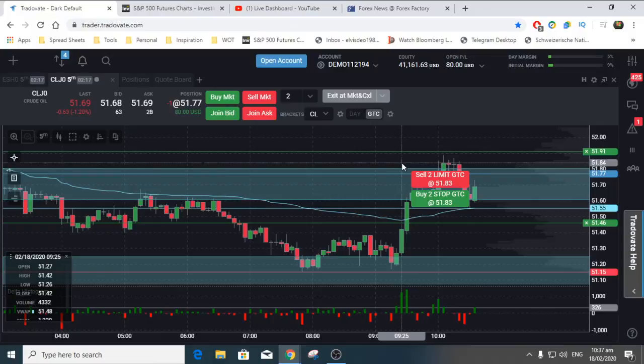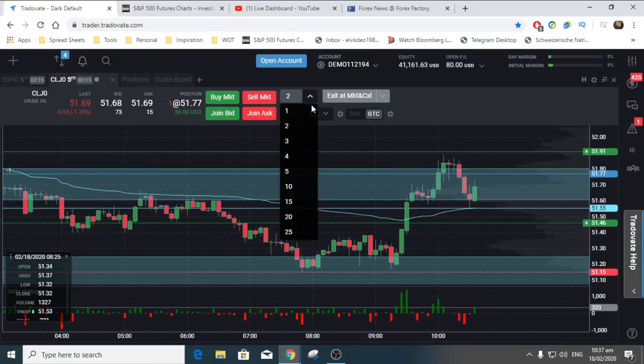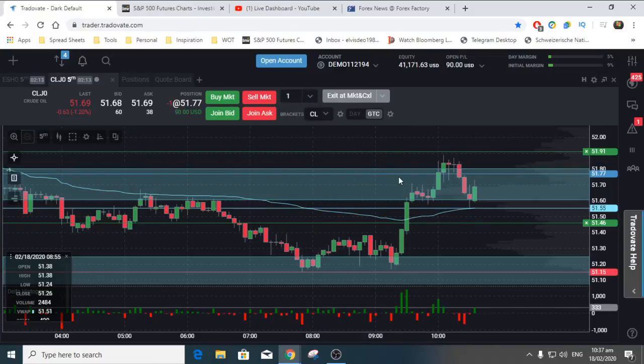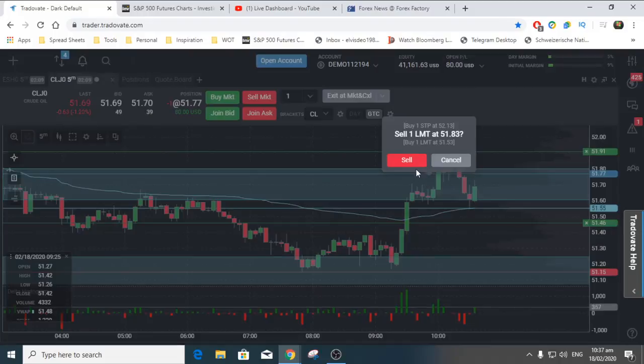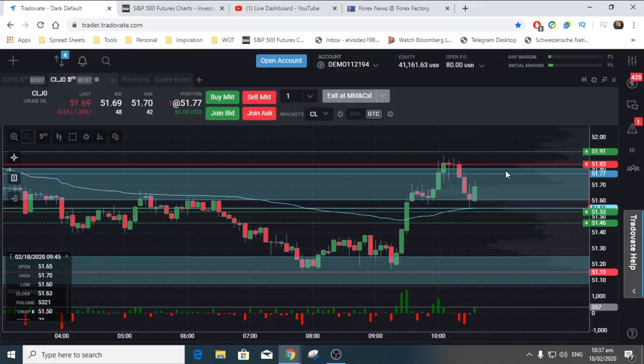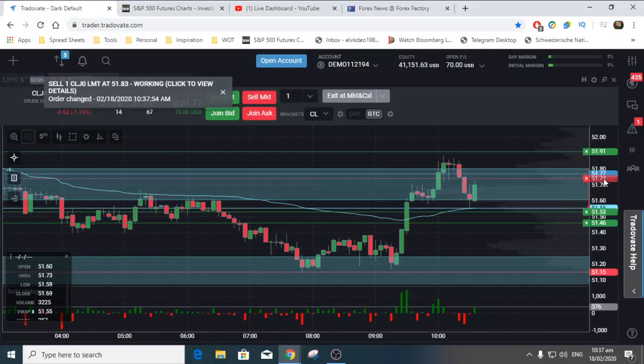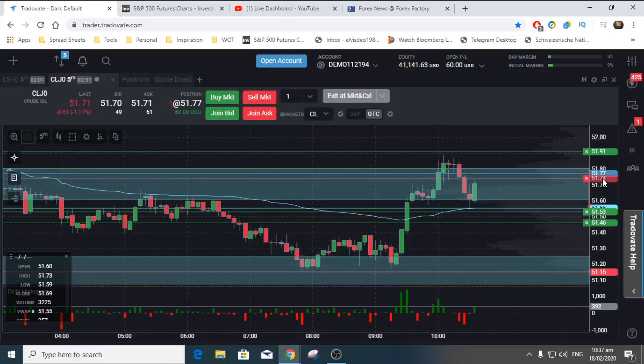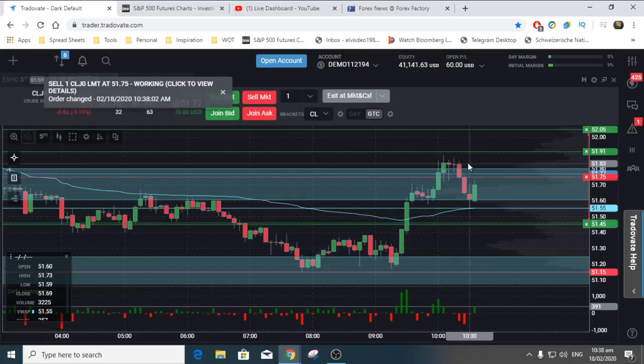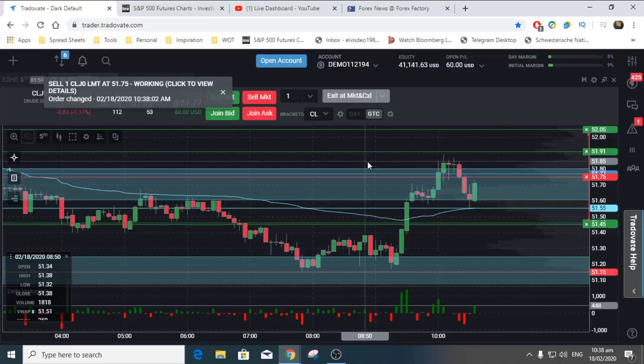Gonna reinstitute a single sell on the oil. Give them a little more width. See the break, look for the return. Alright, at 75. Have an active working order there.